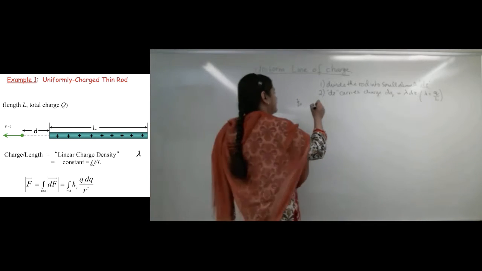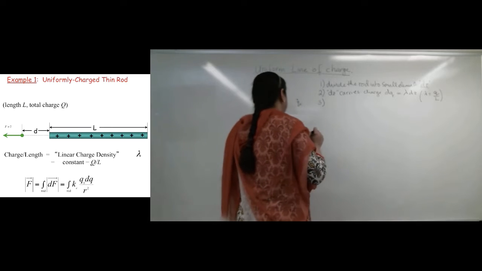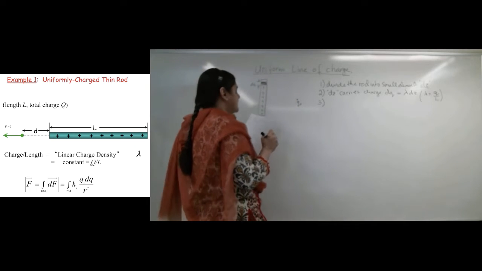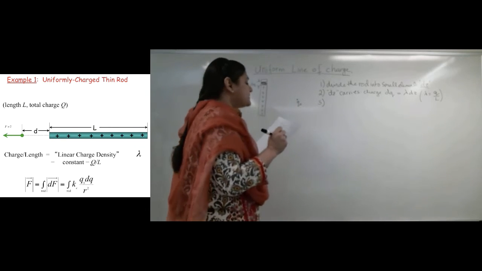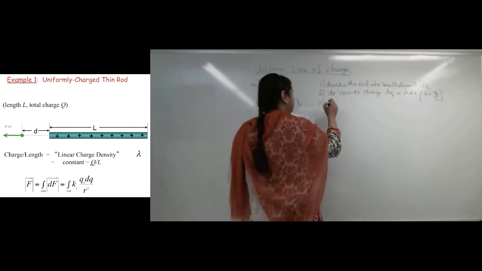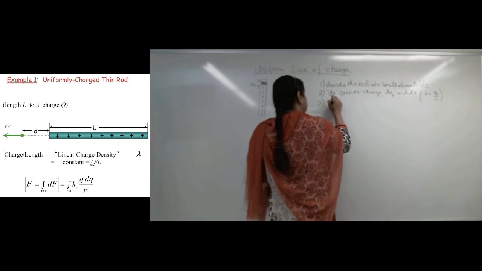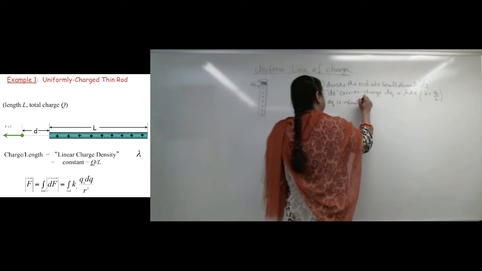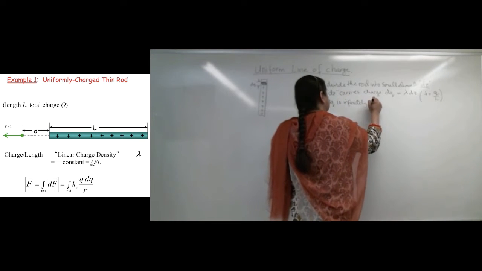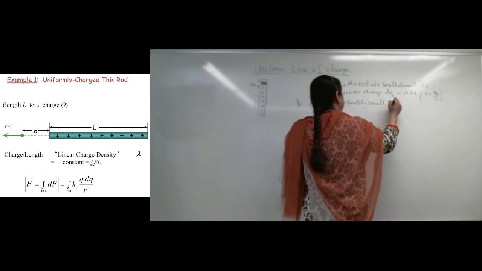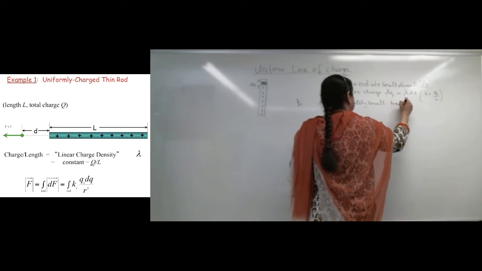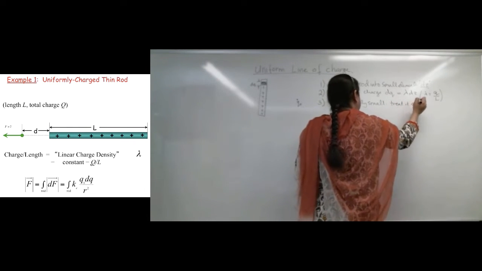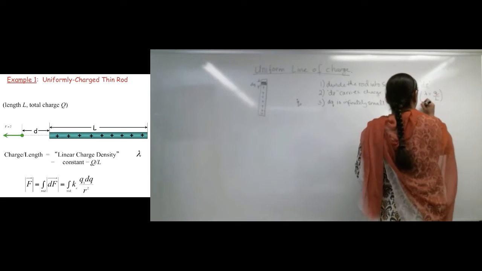Step 3. Since dq is infinitely small, we are going to treat it as a point charge.